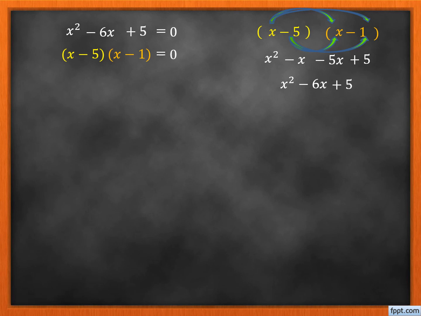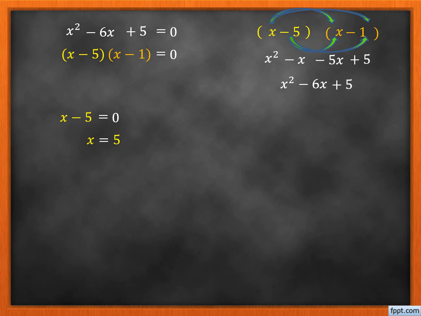Now, what are we going to do with those two factors? So we're going to equate each factor to 0. Let us start with x minus 5. Equate x minus 5 to 0 and solve for x. Therefore, we're going to transpose negative 5 to the other side of the equation. Then we have x equals 5.